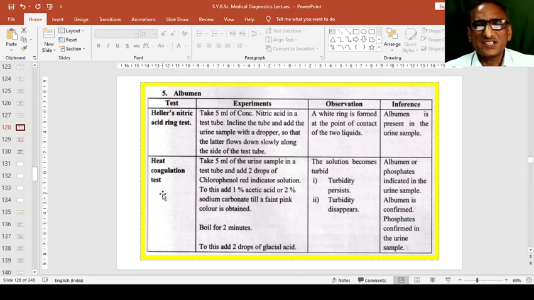Then the heat coagulation test: take 5 ml of urine, add 2 drops of chlorophenol red indicator solution, then 1% acetic acid, then 2% sodium carbonate till a faint pink color appears. Then boil for 2 minutes. After boiling, if turbidity persists, albumin or phosphate is indicated in the urine sample. If turbidity disappears, phosphate is confirmed; if it persists, albumin is confirmed. So these are the two tests.